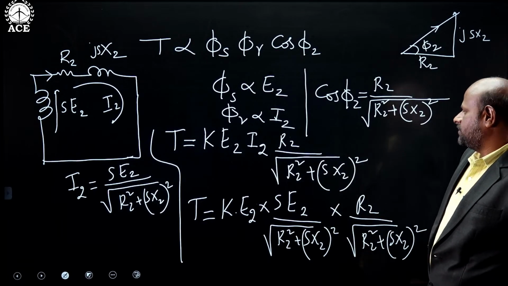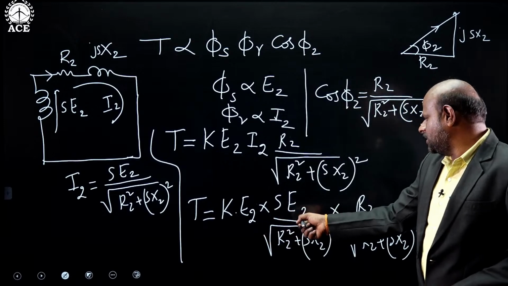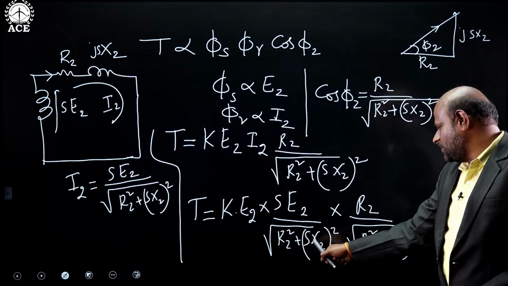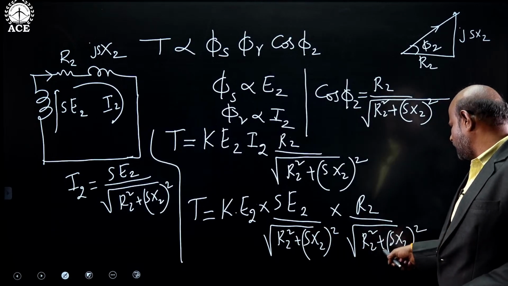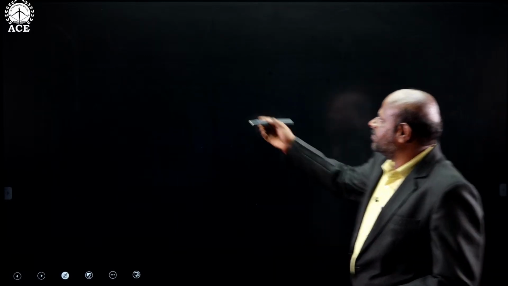So by simplifying this equation, we are going to get K into E2 into E2 square S into R2 by square root of R2 square plus (S X2) whole square into square root of R2 square plus (S X2) whole square.